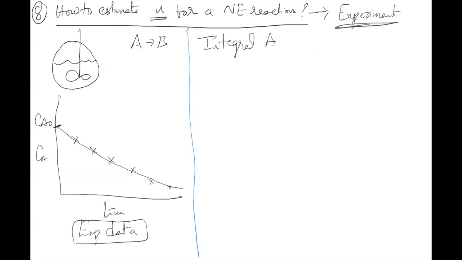Integral analysis is finding out N from experimental data. What you do in integral analysis is a trial and error method. You will do trials and see whether that rate of reaction is correct or not.